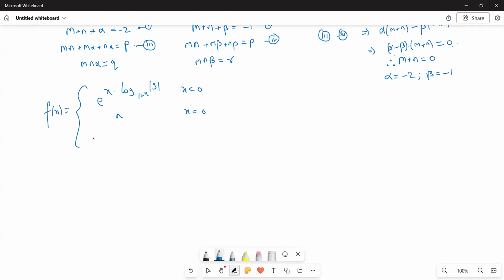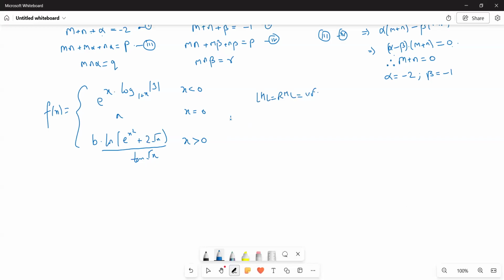And then we have b times log of e to the power x square plus alpha beta, so alpha beta is 2 root x, by tan root x for x greater than 0. ठीक है ना?